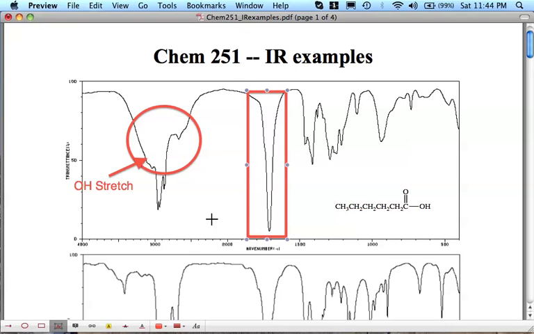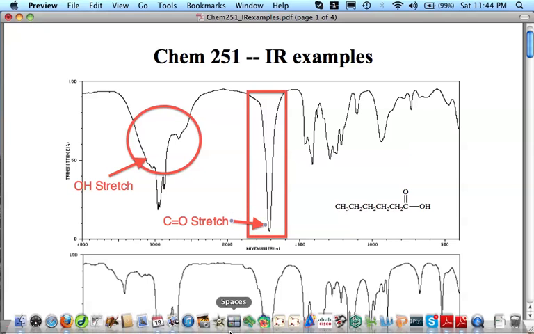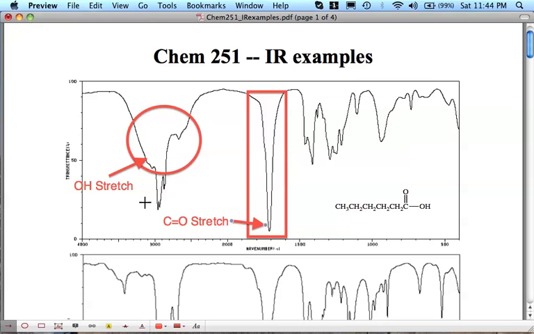So I'm going to put down here, okay, we've got our C double bond O stretch. And so maybe I'll put a little arrow there, saying, okay, it's going to that peak right there. There we go. And then this region right here, do you remember what we said this was?